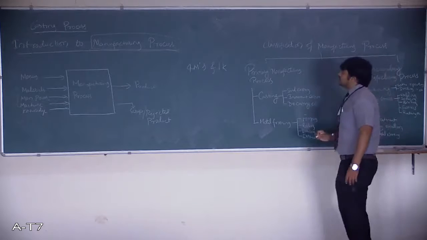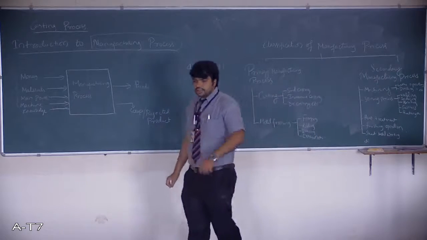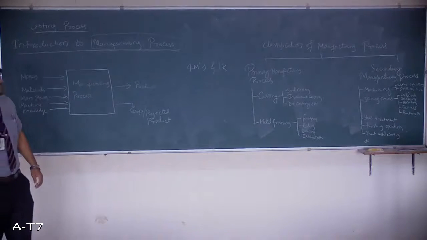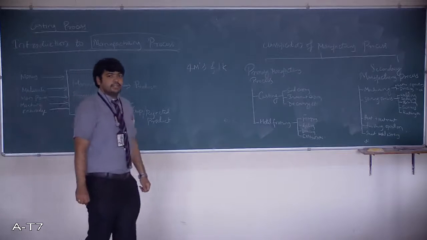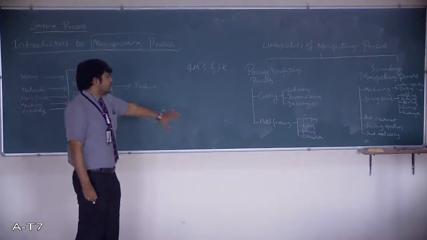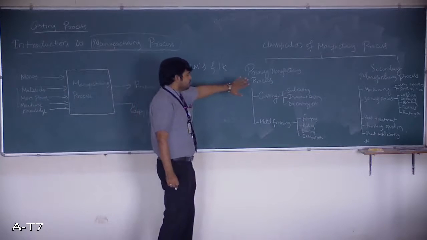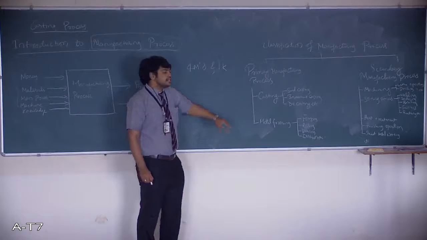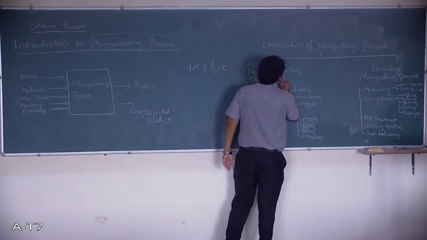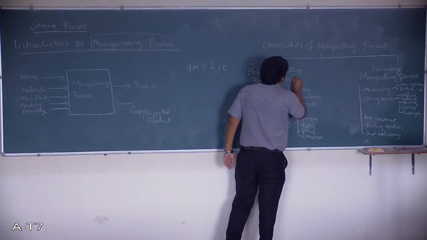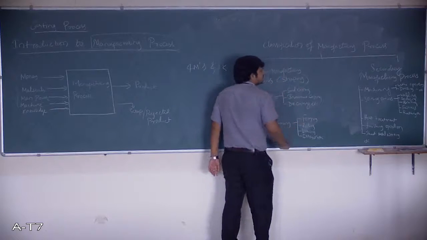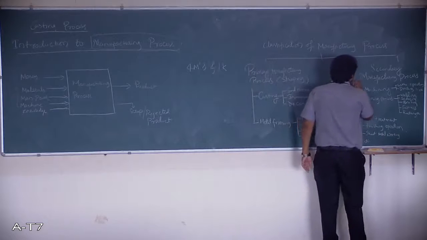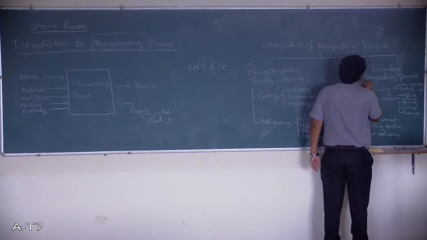Okay, so here we have two different categories in the manufacturing process. One is primary manufacturing process, another one is secondary manufacturing process. In actual practice, if you see things carefully, primary manufacturing process deals with shaping the component, whereas secondary manufacturing process deals with sizing the components.